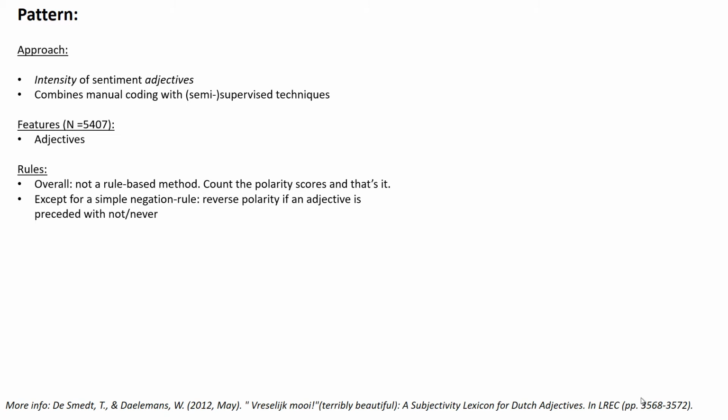But it doesn't check the 3 preceding words like Vader does. So when we go back to our sentence of isn't all that great, Pattern will most likely rate it as positive, because the isn't is a couple of words before great. So this is a less complex negation rule than in the Vader module.